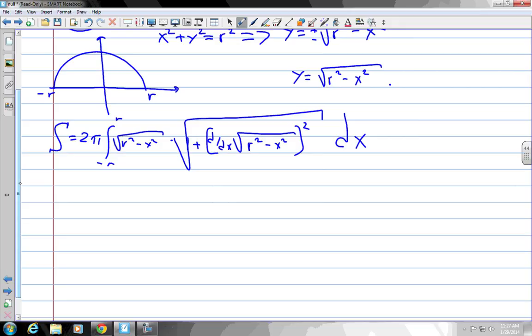Okay. So this is 1 plus all that. Let's do some of these things on the side. Let's just compute the derivative of the square root. So what would that be?